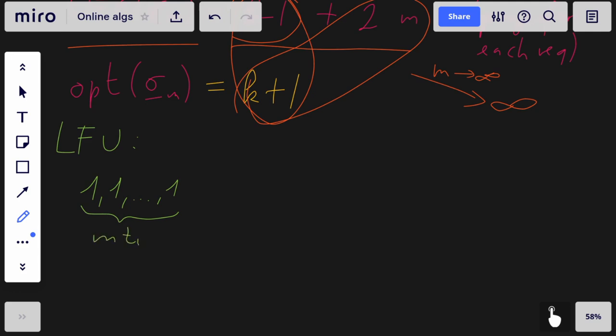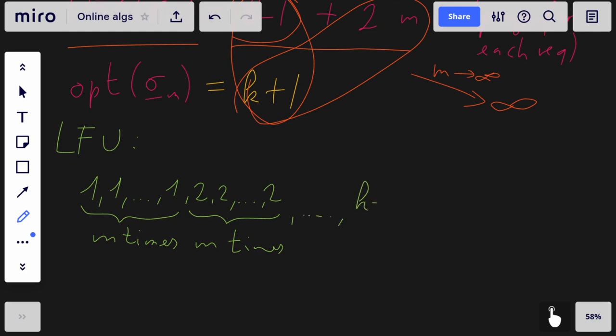I'm just making this to get the LFU to protect the ones, so if there is a large enough number of ones arriving in the beginning, then in this case these guys won't get discarded at all, so it's m times again, and so on.